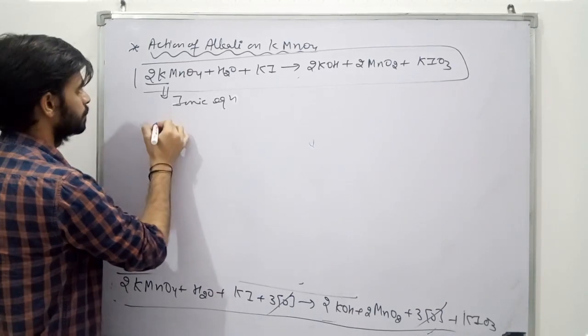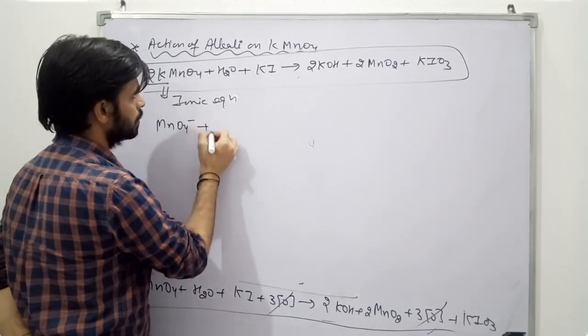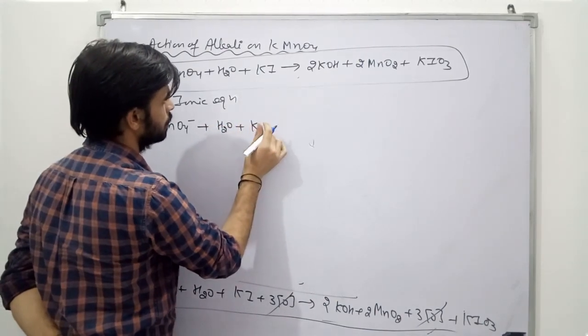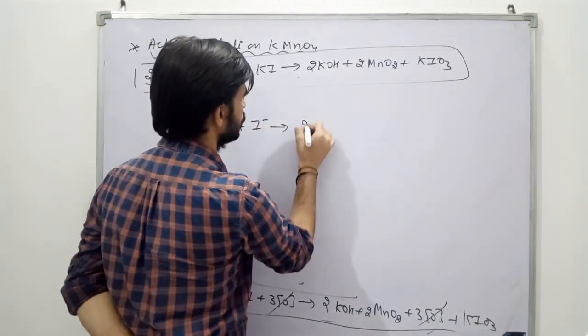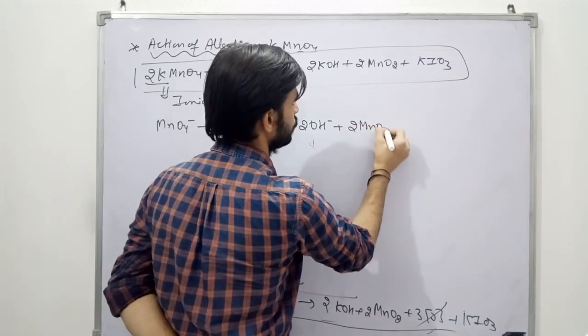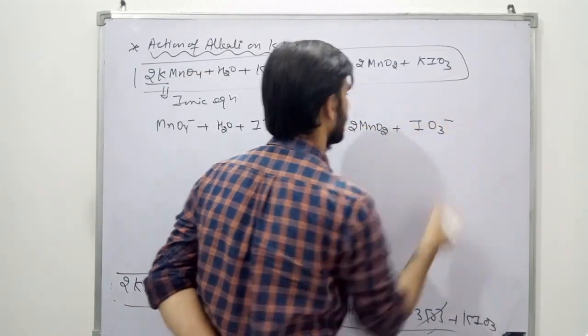Then we have MnO4 negative plus H2O plus iodide I negative. It gives 2 OH negative, 2 MnO2 plus IO3 negative.